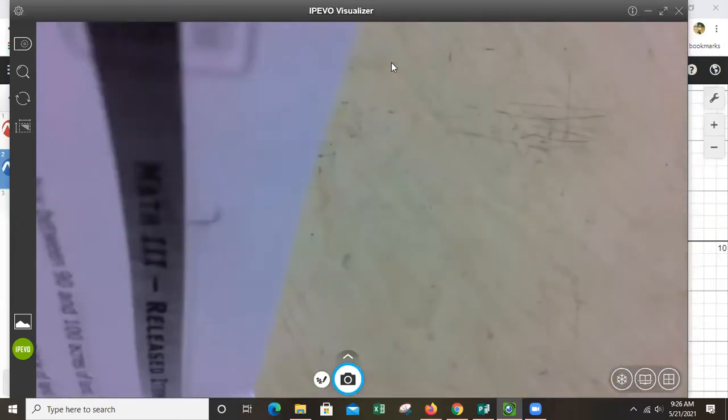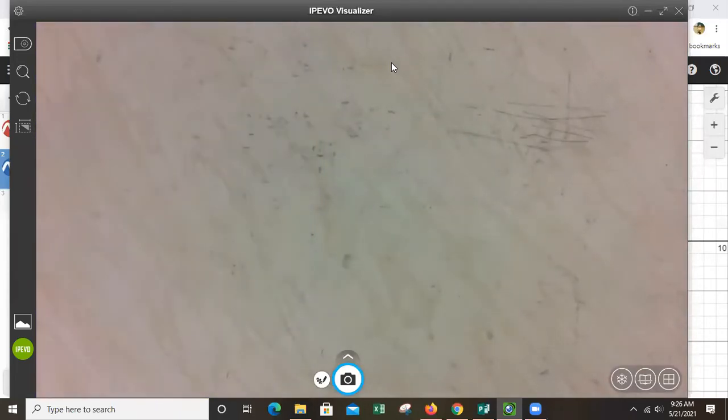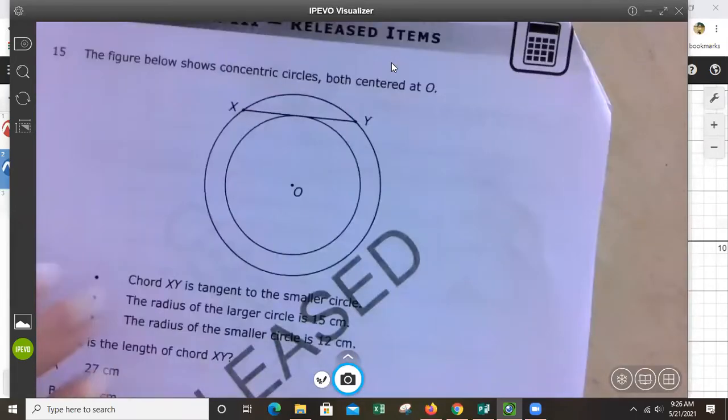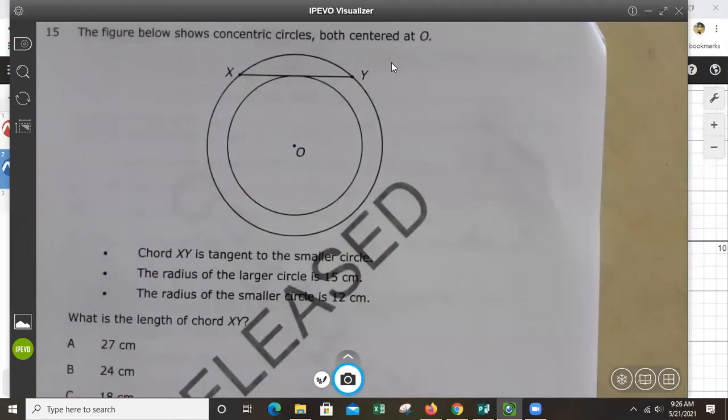Let's keep looking. That's a really long problem. Let's go to 15. 15 is actually an easy problem. You just have to know what they're asking. Don't worry too much about vocabulary.